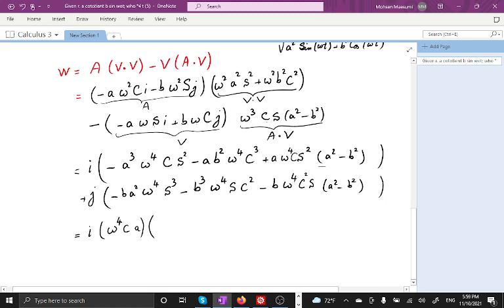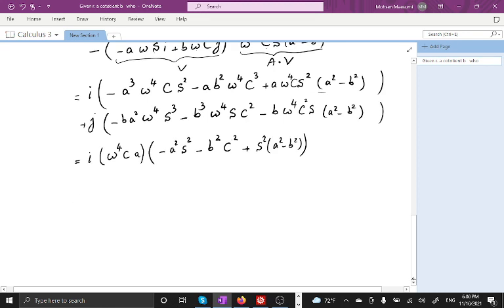From here I have minus a squared s squared. From this one I have minus b squared c squared. From here I've taken a, c, and omega to the 4, so I have now just s squared times a squared minus b squared. So that's looking promising that things are going to clear out. From the second one, what can I factor? Let's take a j. Nicely enough, all of these things have omega to the 4.